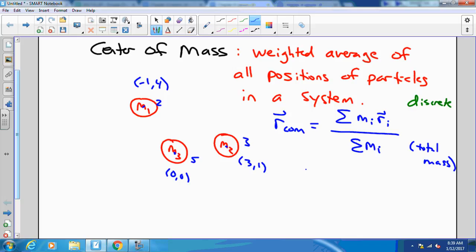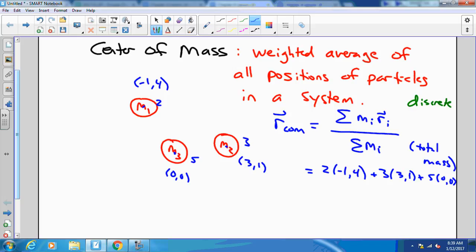In this particular case, we just march down each one of the particles. So I get 2 times -1, 4 plus 3 times 3, 1 plus 5 times 0, 0.